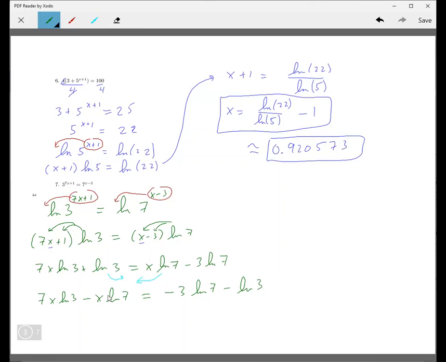This x log 7 comes over as a negative x log 7, right there. Now, what you want to do is you want to factor this x out of everything. So factoring x out of here, you get 7 log 3, and here you get minus log 7.